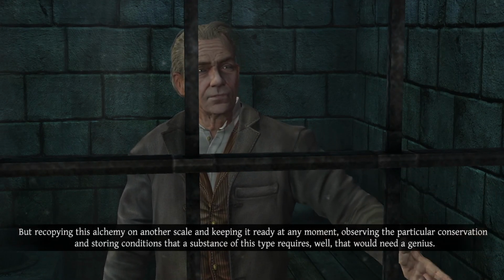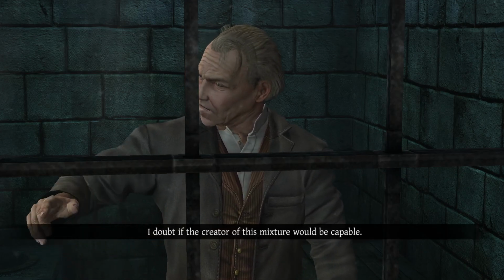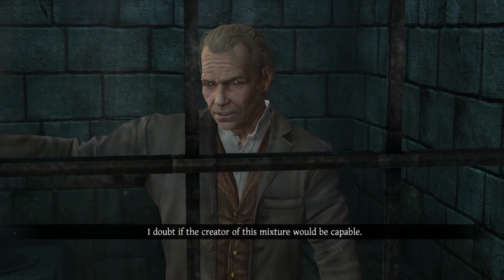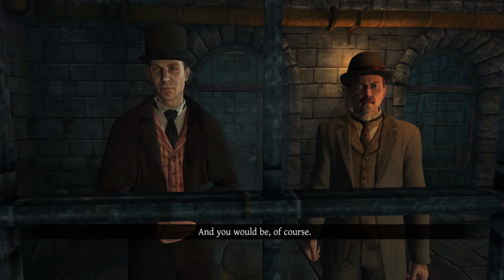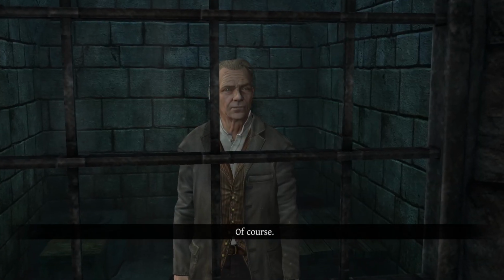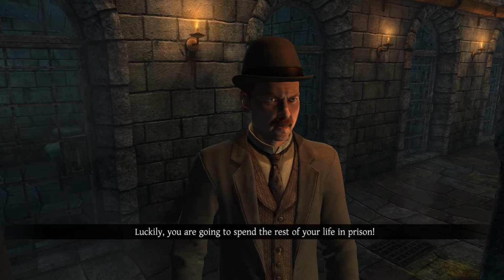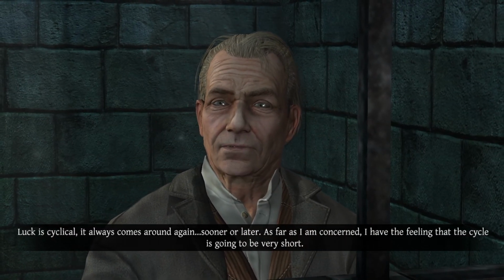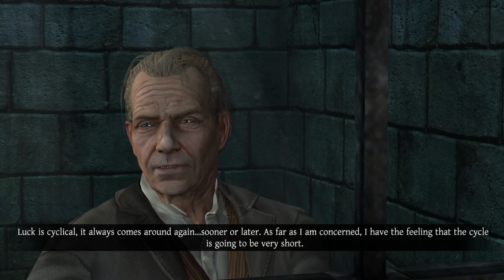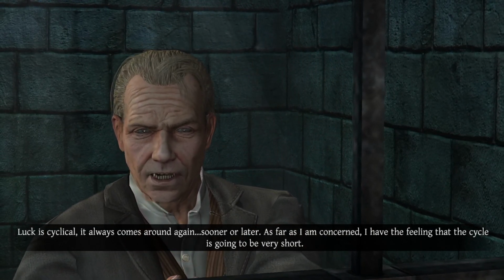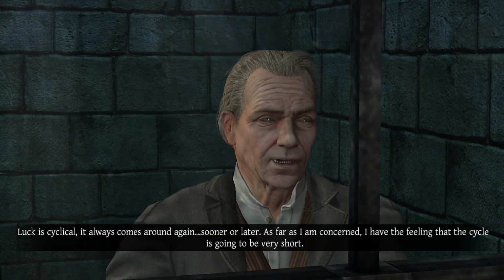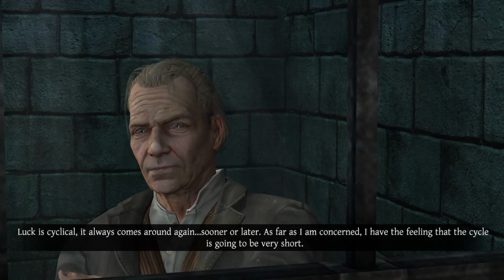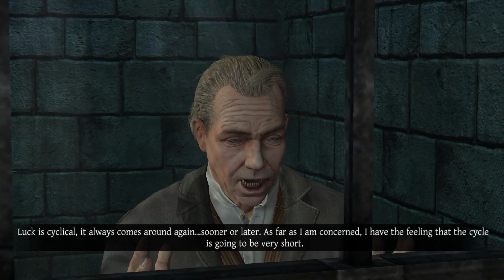A genius. I doubt if the creator of this mixture would be capable. And you would be, of course. Of course. Luckily, you are going to spend the rest of your life in prison. Luck is cyclical. It always comes around again, sooner or later. As far as I am concerned, I have the feeling that the cycle is going to be very short.